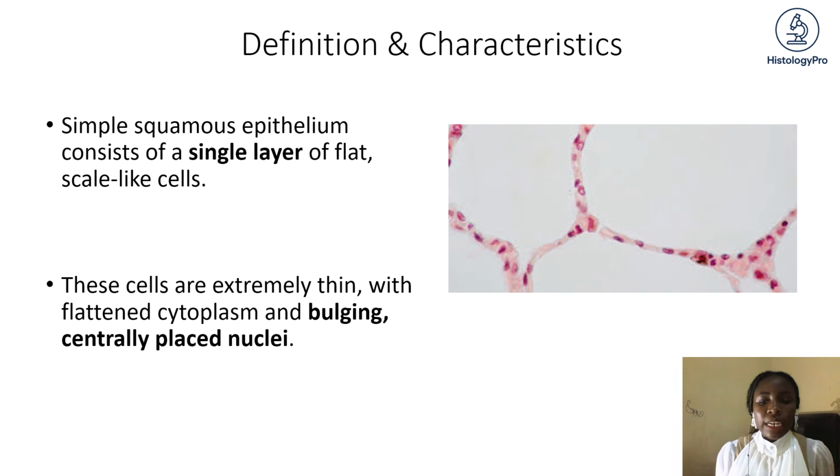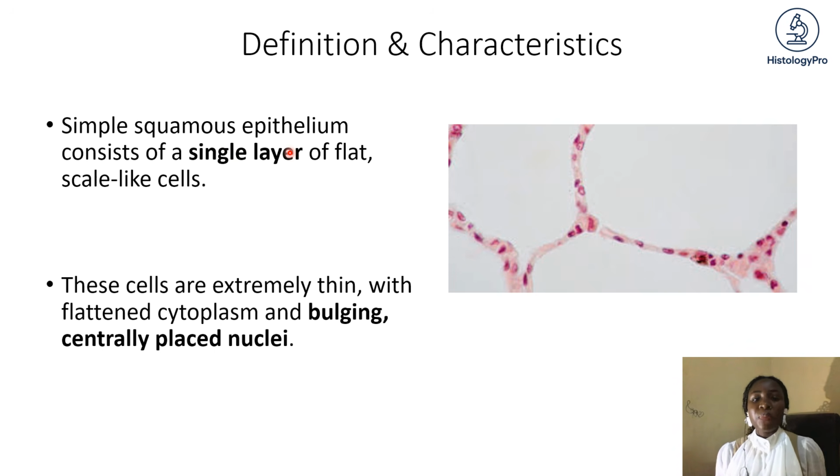Looking at the characteristics of simple squamous epithelium, it consists of a single layer of flat, scaly cells. In the previous lecture, we defined that simple means one layer, and squamous means flat. Combining the two definitions, you expect the epithelium to be a single layer of flat cells.